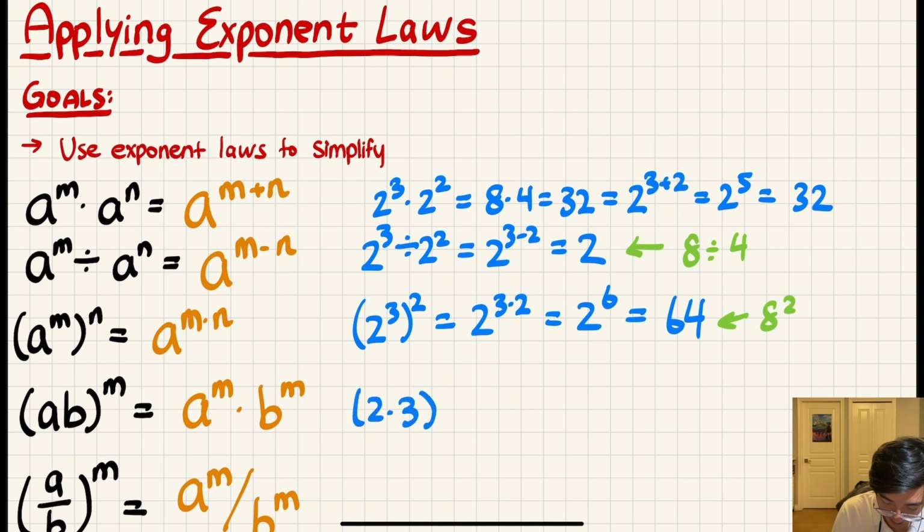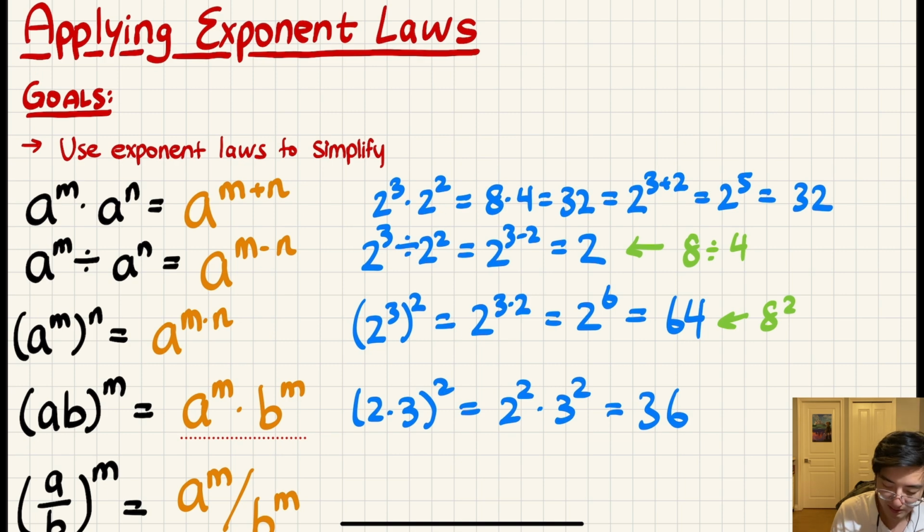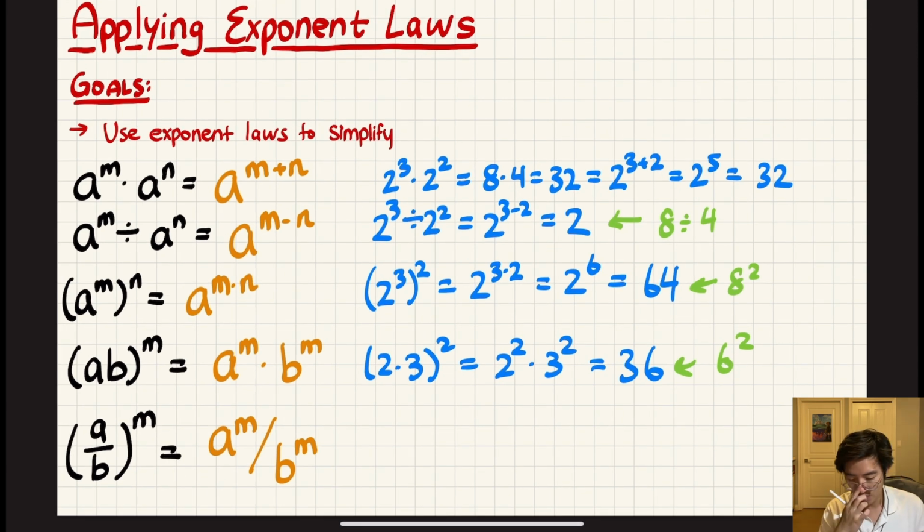So we have 2 times 3 to the power of, let's say, 2. This is the same thing as 2 squared times 3 squared, which is 36. That is the same thing as saying 6 squared. So as you can see here, exponent laws work if we are working with the same base, and only if we're working with the same base.